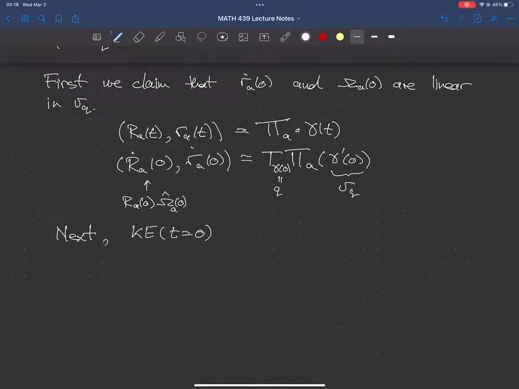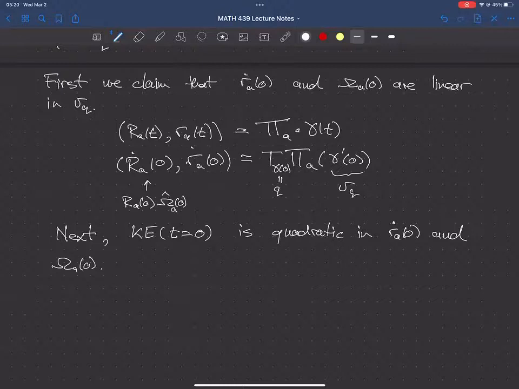So this thing is quadratic in r dot a of 0 and omega a at 0.